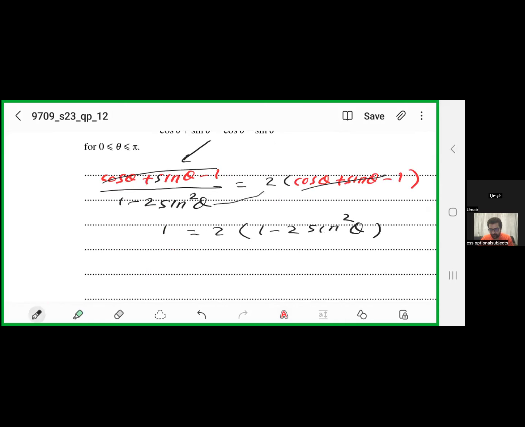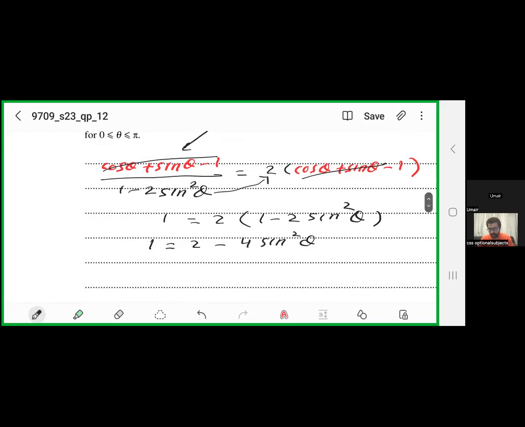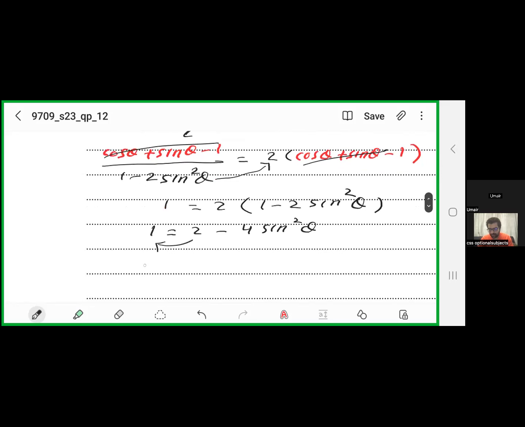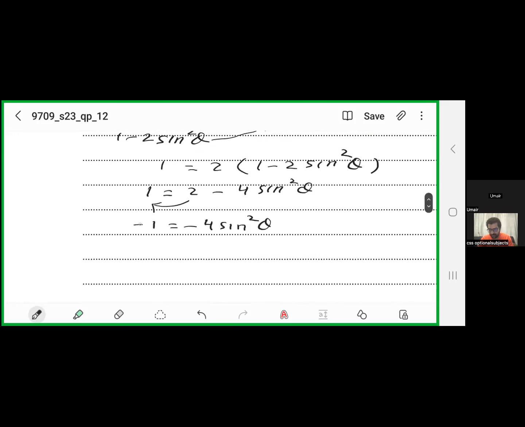This will be multiplied with this one. Simplify further, 2 minus 4 sin square theta. Move this 2 over here, so this is minus 1 is equal to minus 4 sin square theta. Minus and minus can be cancelled, so 1 over 4 is equal to sin square theta.